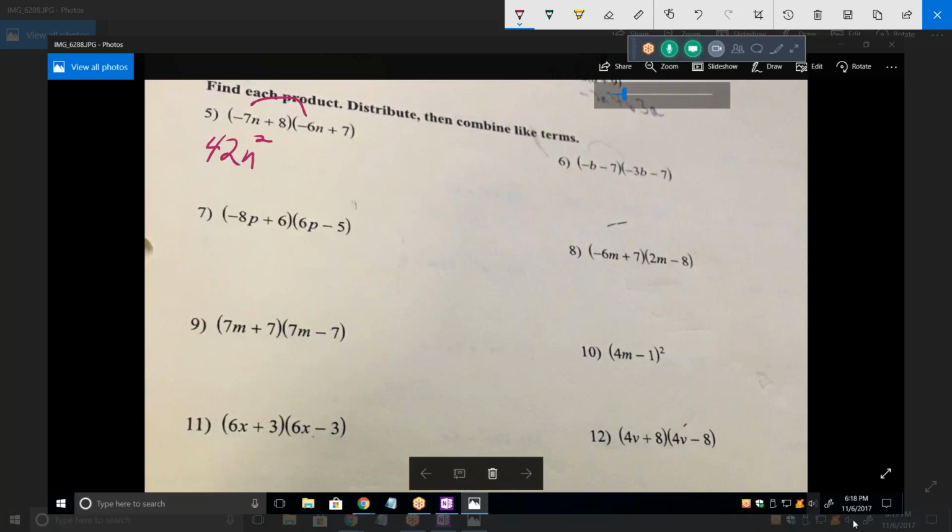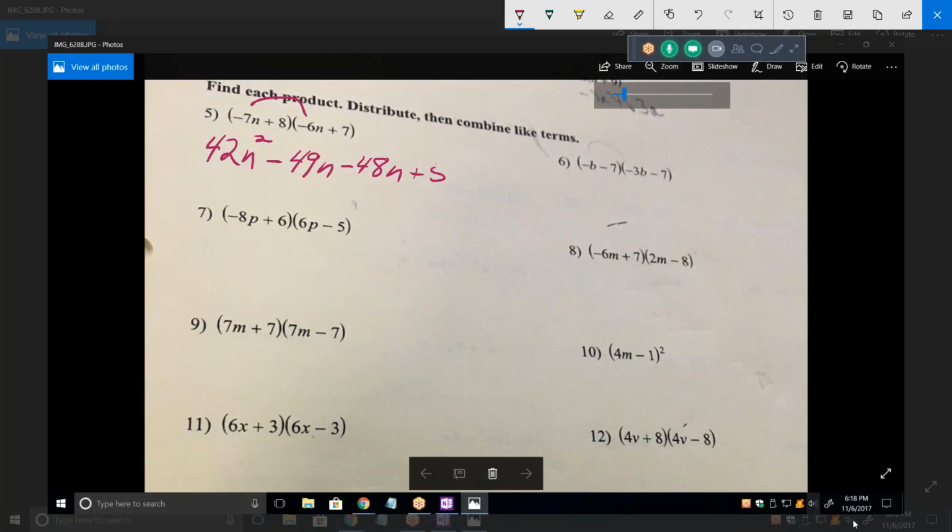All right, and then the next term is negative 49n. Okay, keep going. And then the next term is negative 48n. And then the last term is plus 56.